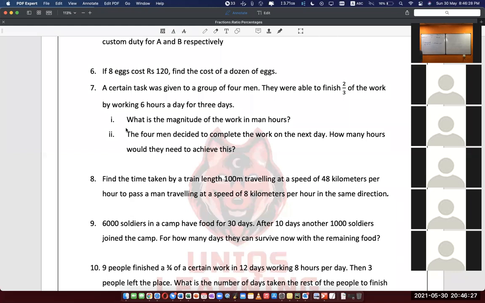So they're asking what is the magnitude of the work in man hours? So 6 into 3 into hours.